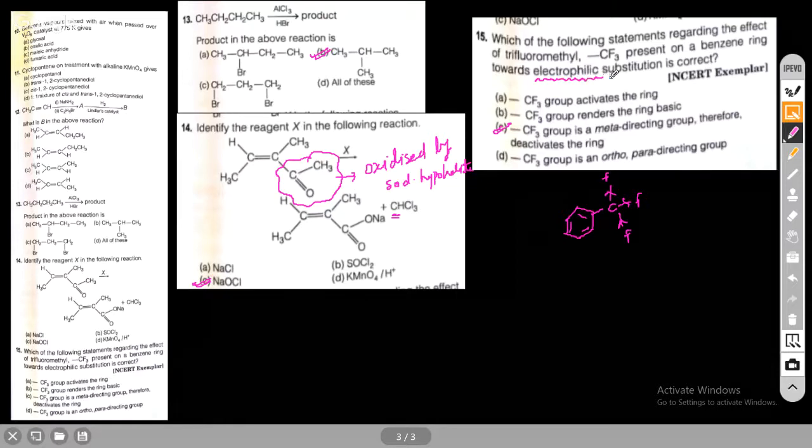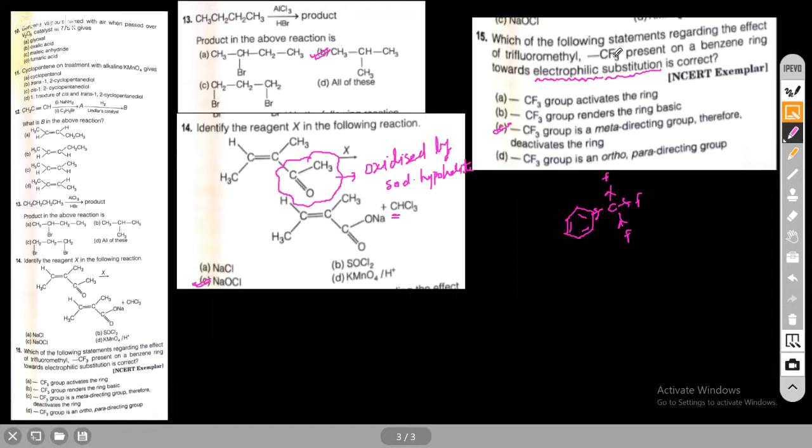So what does an electrophile require? It requires negative charge density to attack on. So CF3 withdraws electrons from the benzene ring, and hence the ring deactivates towards electrophilic attack. When electrons are taken away by CF3, the electron density will decrease at this position, and hence the attack of the electrophile will be difficult there.